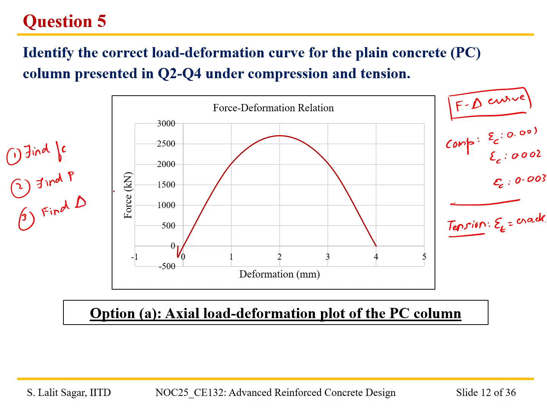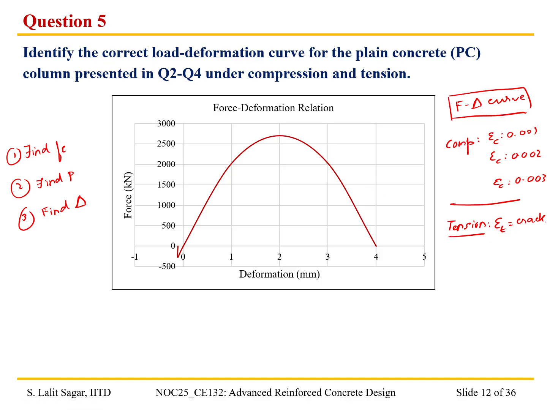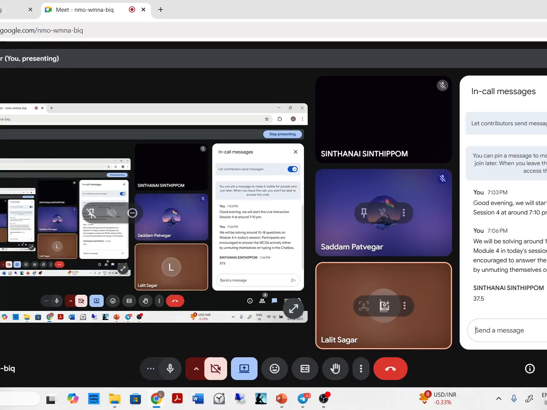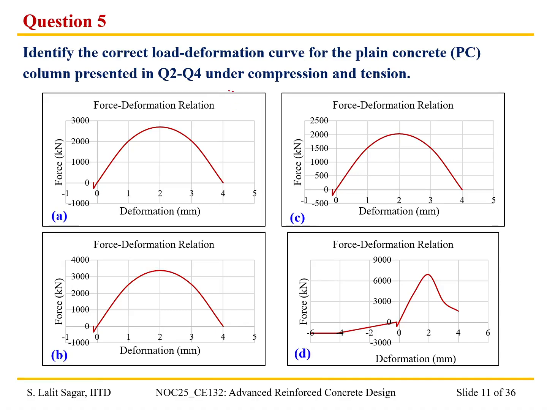Once we find the values of P and delta corresponding to the different values of epsilon c, we generate this force deformation curve. So, is anybody able to identify which is the correct load deformation curve?